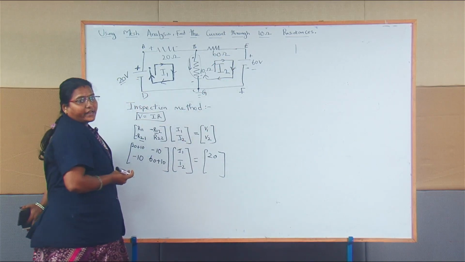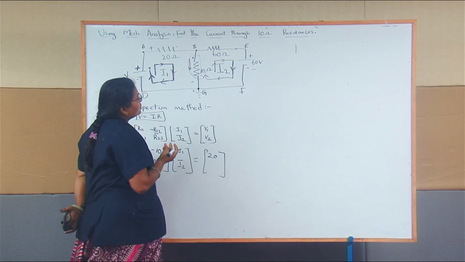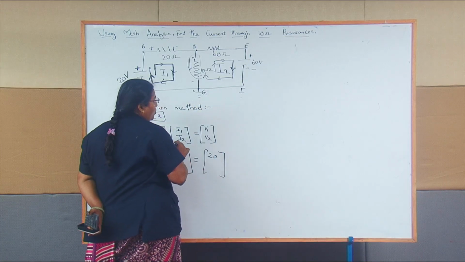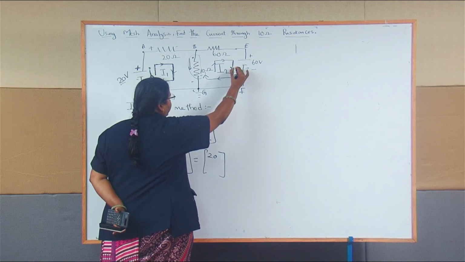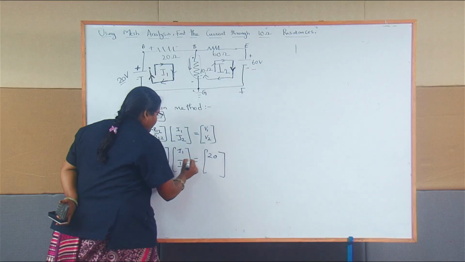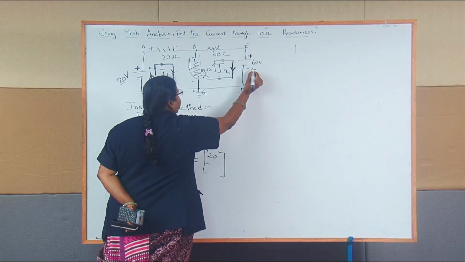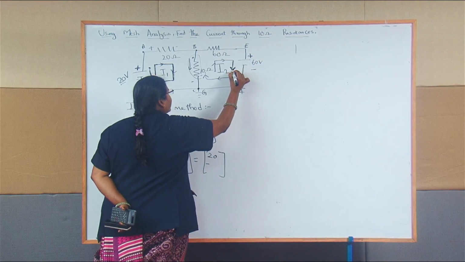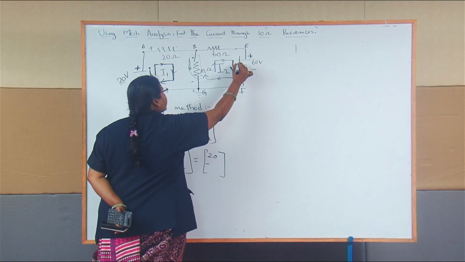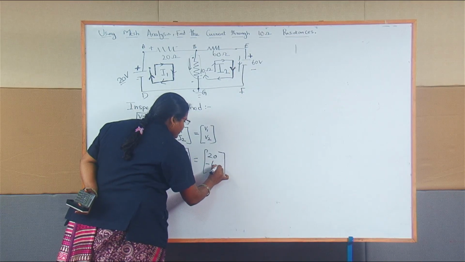If they didn't mention any voltage source in loop 2, you have to put 0 there. But here in loop 2 they mention 60 volts. Once again you have to check the direction. The arrow ends at negative, so minus. This is positive, this is negative; the loop current I2 flows through positive to negative. So you have to mention minus 60.